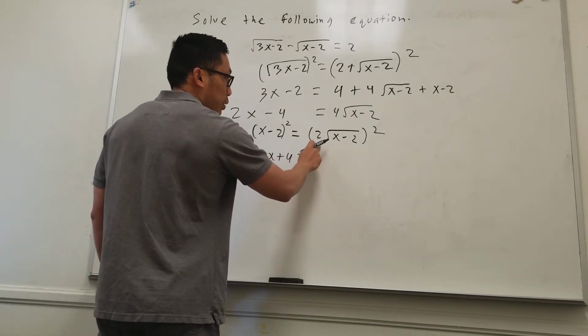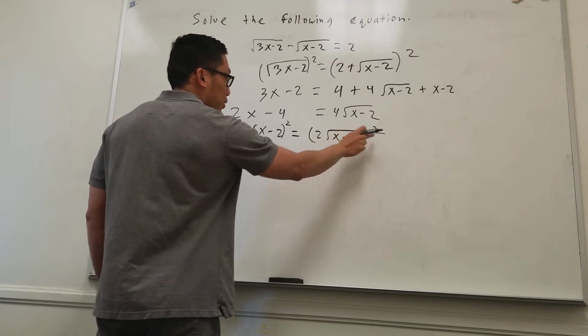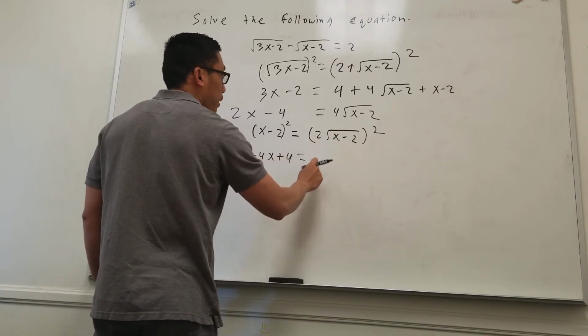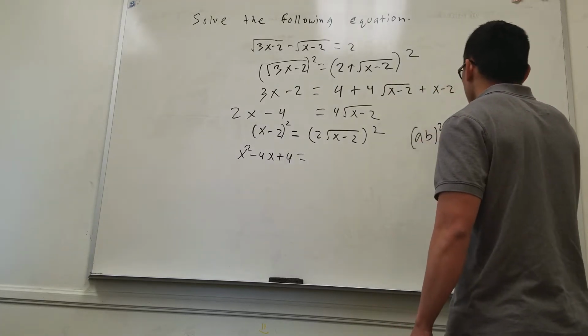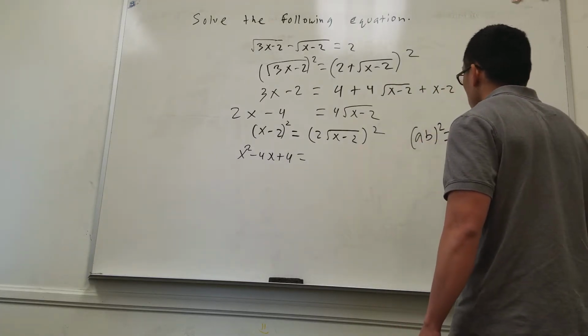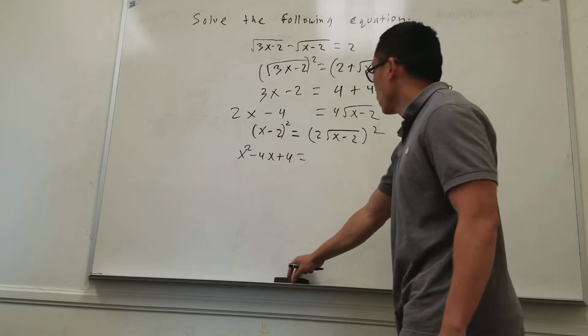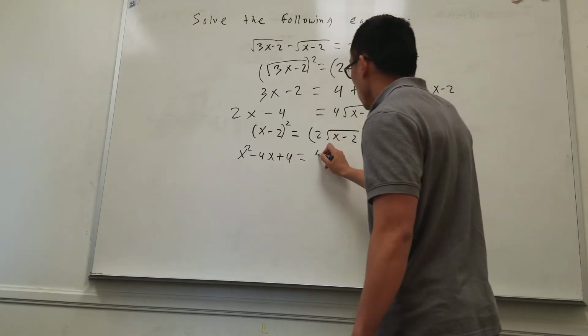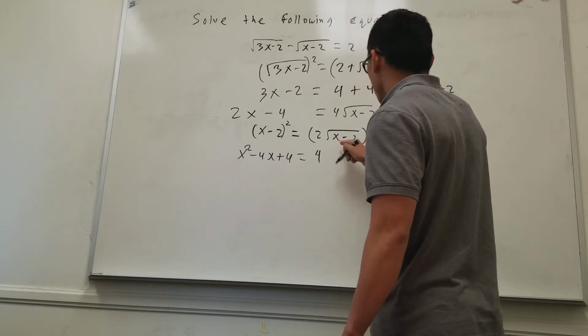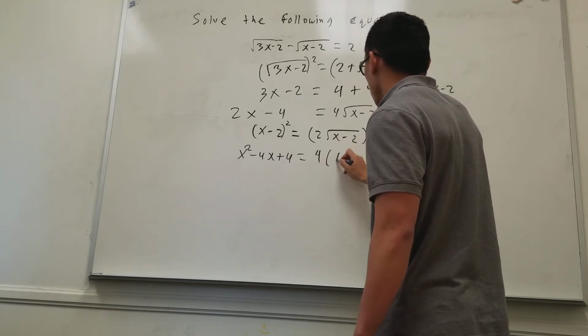A common mistake is forgetting to square both factors, so make sure you remember that (a b) squared is a squared times b squared. That's going to be 4. When you square a square root, the square root goes away. There's going to be x minus 2.